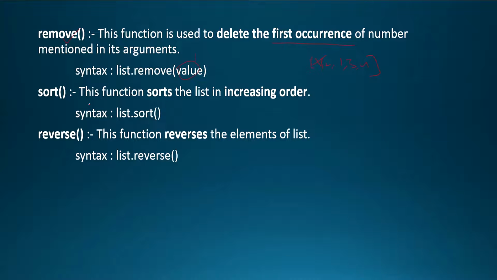Sort. In order to arrange list values in ascending order, we can use the sort function, and in order to reverse the list, we can use the reverse method. Let's see all of these with examples.